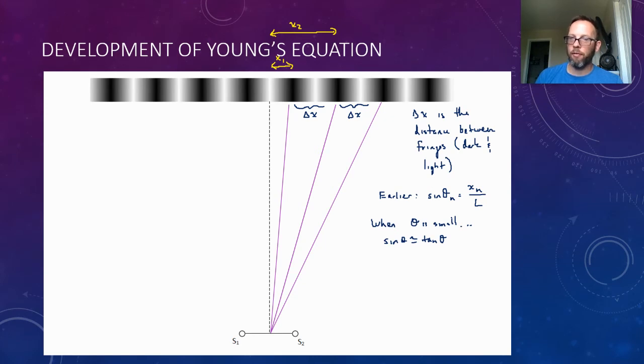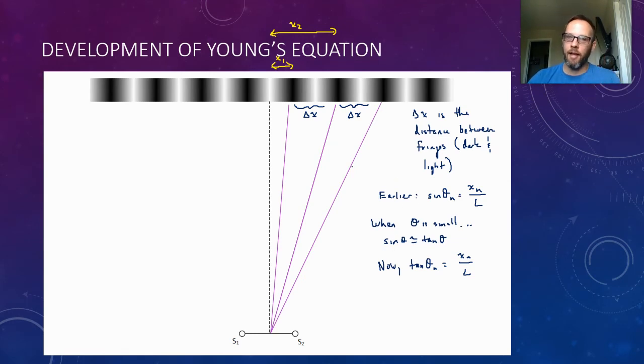So when theta is small, we get sine theta equals xn over L, and so now we'll use tan of theta n equals xn over L. And we can do this because, again, the slit separation is small. The angles are really small because the wavelength of light is small.